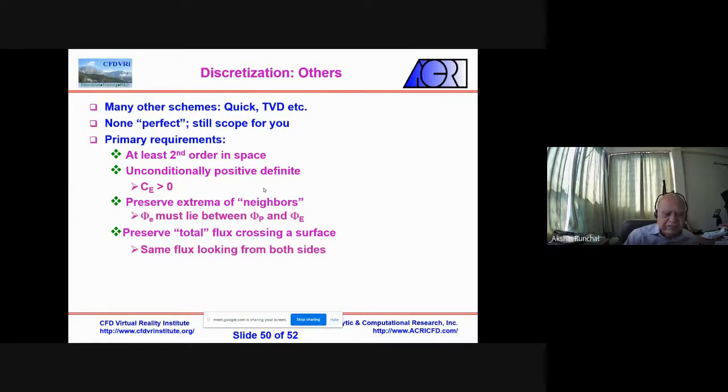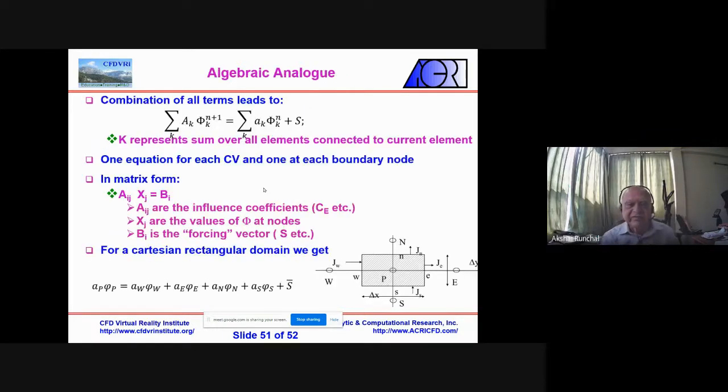And that the total flux at the surface must be the same looking from both sides. So these are basic requirements of a scheme, and I think we want to get to this one day. Nobody has it today, so this is a good thing for you to work on.